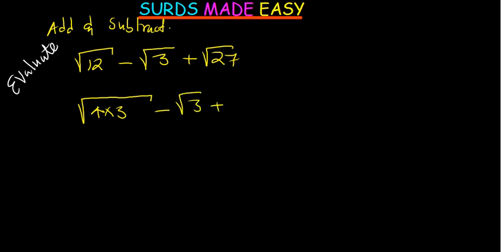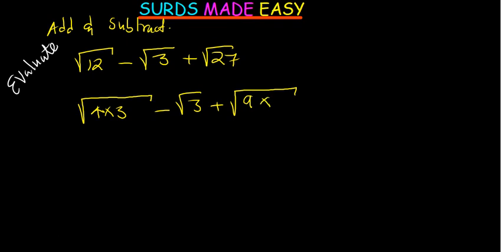Then plus. What's the smallest square number that we can take into 27 without a remainder? It's a 9. How many times can 9 go into 27? 3 times.